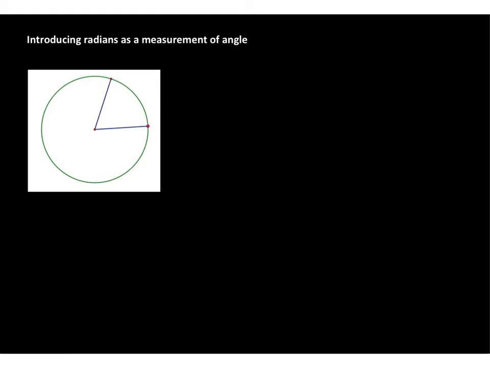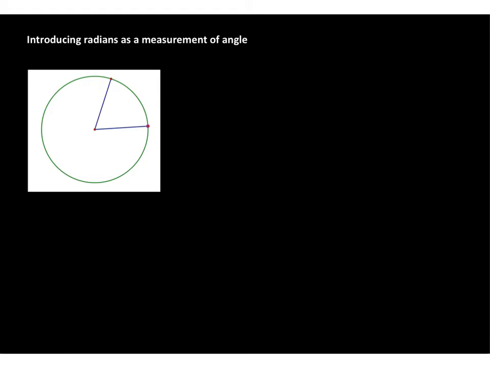Another reason is that 360 degrees is a highly composite number, which means it has a lot of factors. It divides by 2, 3, 4, 6, 9, 12, all these factors, which make it very simple when doing angle calculations.